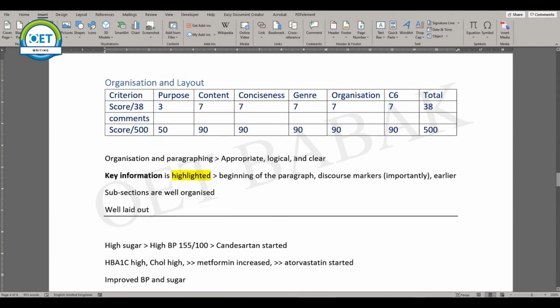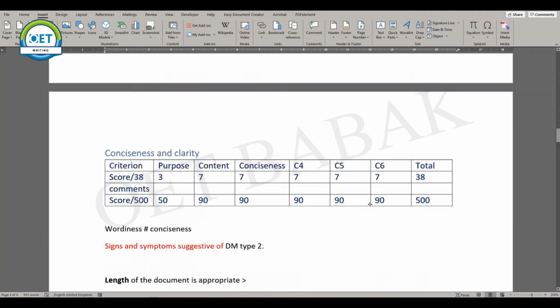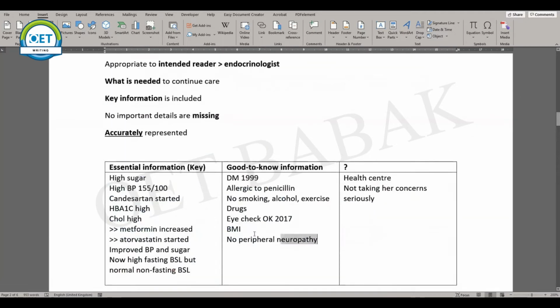So the order is logical because it's chronological, and it's appropriate because this is highlighting the key information. What happened first? What happened next? What was the result? And what is it now? Now, all that is left out is some other information which was here.